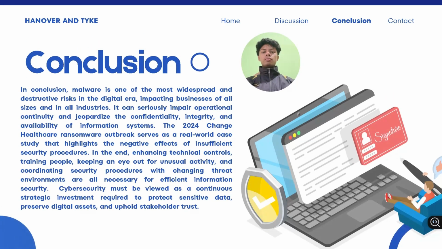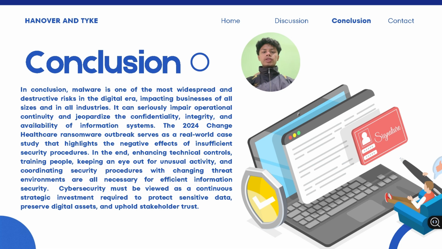In conclusion, malware is one of the most widespread and destructive risks in the digital era, impacting businesses of all sizes and in all industries. It can seriously impair operational continuity and jeopardize the confidentiality, integrity, and availability of information systems.